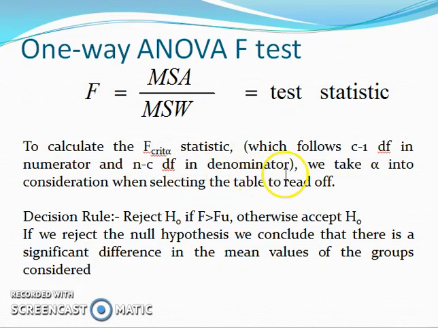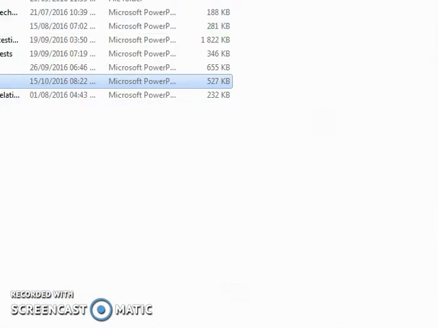To calculate the F critical value, we use the degrees of freedom associated to the mean squares among and the mean squares within. So we'll take the degrees of freedom for mean squares among in my numerator and the degrees of freedom for mean squares within in my denominator. That is what we read off the F table. I've got an F table here.